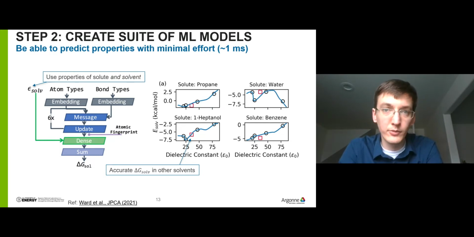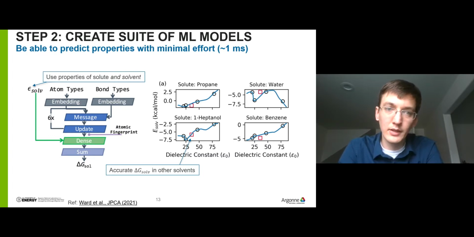I now have atoms that have features that reflect the properties of their neighbors. I then update that property again, and I repeat this several times until I get a feature for each atom that describes its local environment.